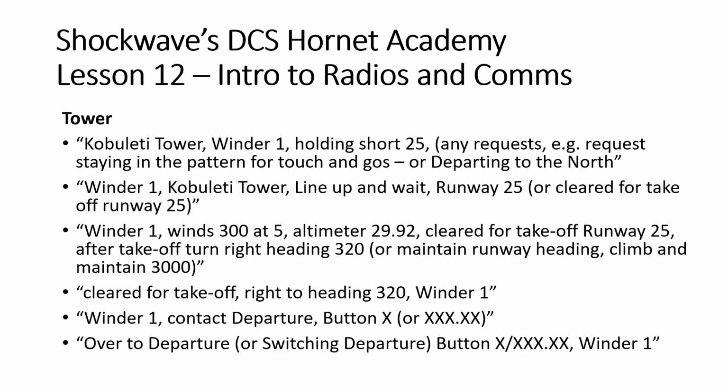The controllers do pass certain information to each other. But if you have any particular request that you didn't tell the previous controller, this is the time you would say it. So for example, you could say request staying in the pattern for touch and goes, or you could reconfirm with them that you're departing to the north or whatever.